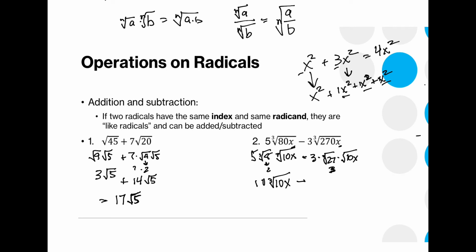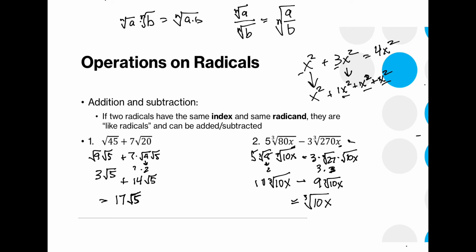But the cube root of 27 is 3, so that leaves me with 3 times 3, which is 9 cube roots of 10x. So I have 10 cube roots of 10x minus 9 cube roots of 10x. That leaves me with 1 cube root of 10x.